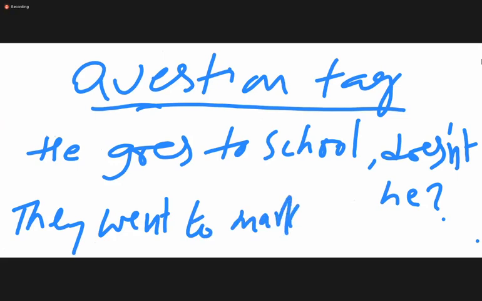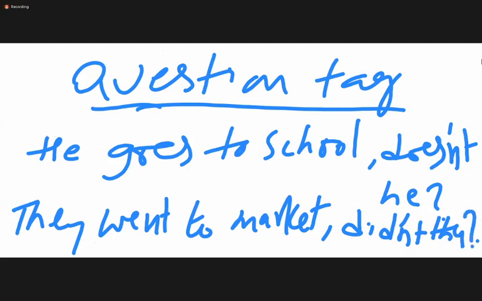Add a question tag. Didn't they? Yes, because it is in the simple past, did is used as the helping verb. The statement is positive, the tag must be negative, didn't. Use they as the pronoun, didn't they. That is how we have to write the helping verb.